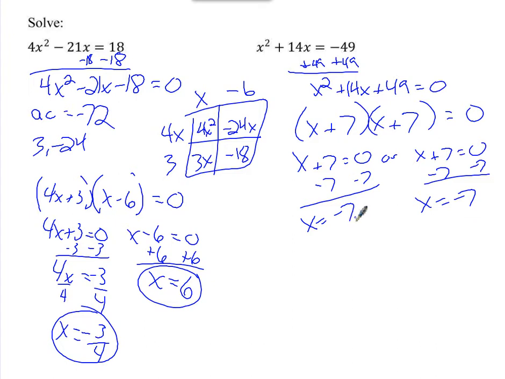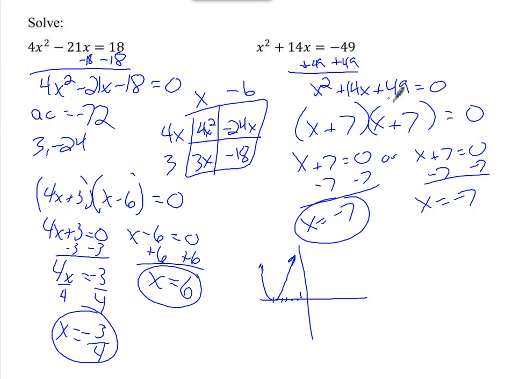So that means that the vertex is actually at x equals negative 7, which means the graph, if I go over 7 places to the left, this thing opens up, is going to look basically like that. Okay? So this is a case where you got two solutions, but you really only have one, because they're both the same. There are two answers, but they're both the same answer. So there you go.